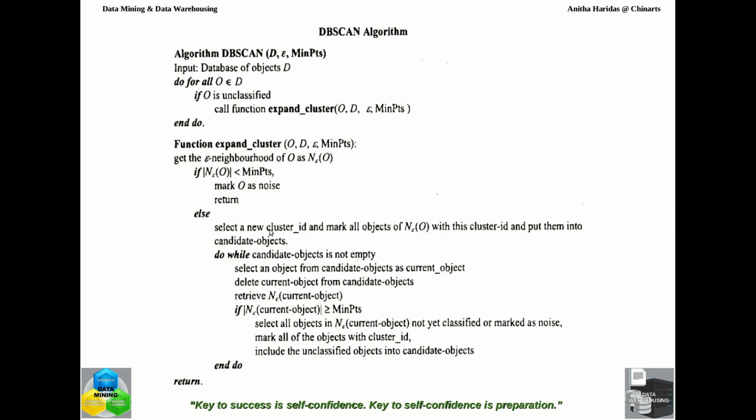Now the same algorithm is given by Arun Pujari this way, which is our prescribed textbook. So the algorithm will have the given database as its input and the 2 important parameters, epsilon and minimum points. And we are going to repeat the process for all the objects in the database.